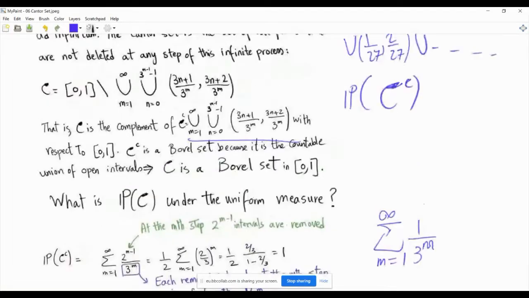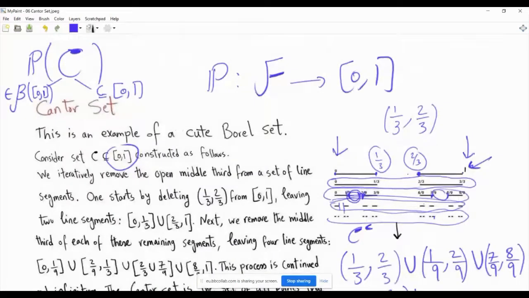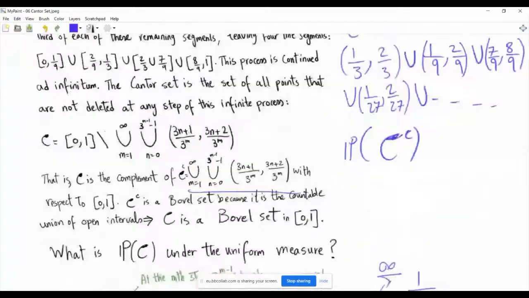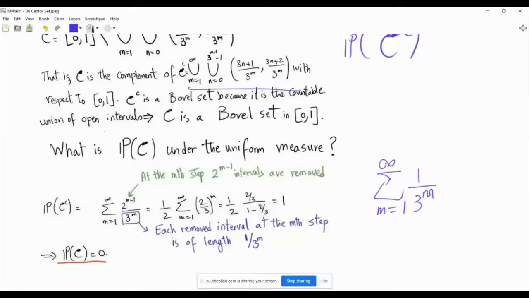Okay, but note that when we do the removal, at the first step we remove one interval, in the second step we remove two intervals, in the third step we will remove the middle thirds from these 4 segments, and so on and so forth. So the total number of intervals removed during the mth step of construction, you can verify, is 2 to the m minus 1.